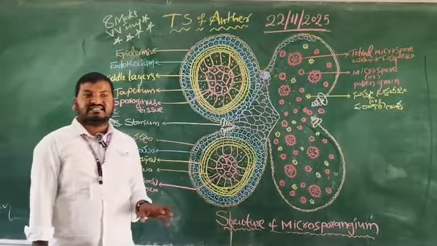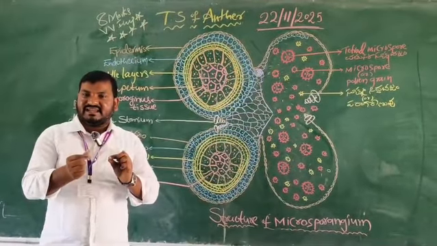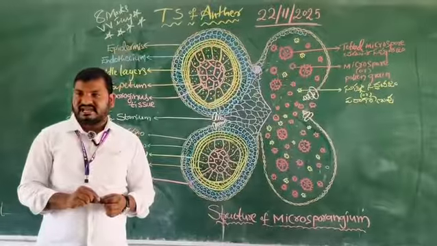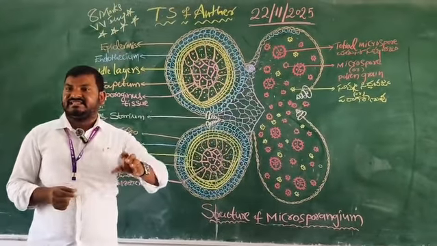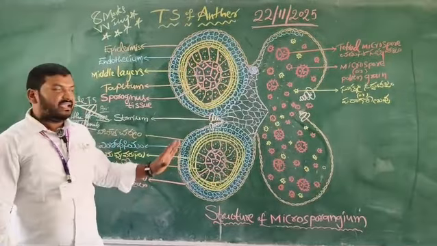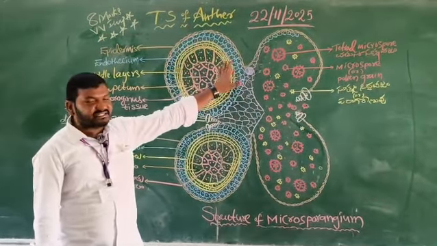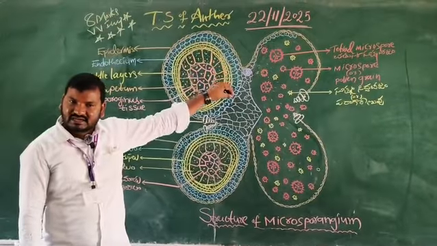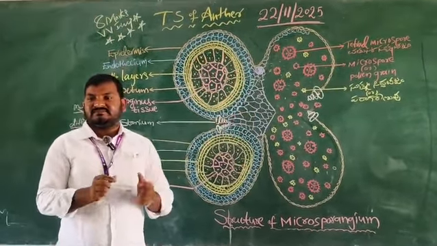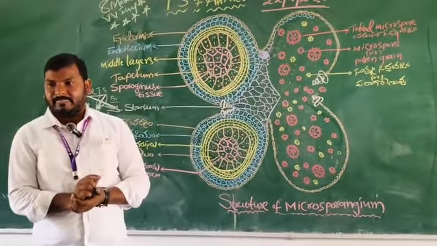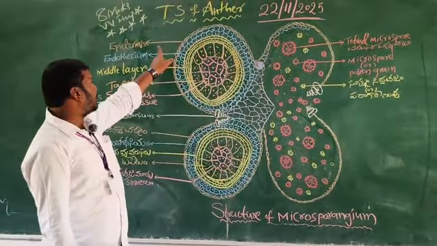Stomium cells help in the splitting of the pollen sac, or microsporangium, called dehiscence. Overall, the epidermis protects the inner parts, and it also helps in splitting during drying. This is about the first part, epidermis.